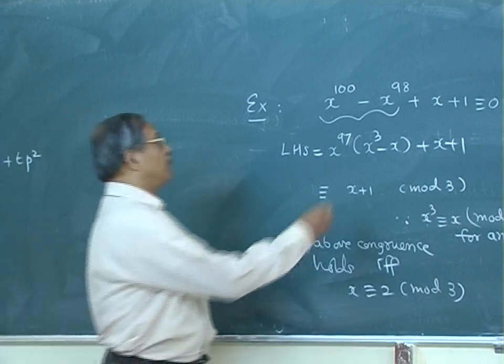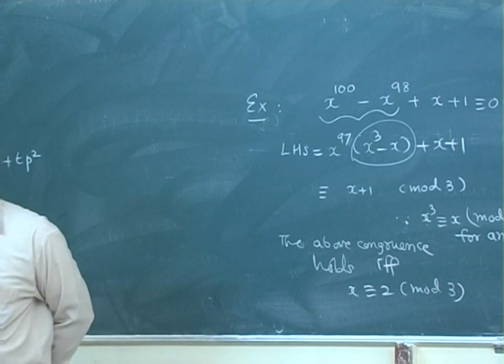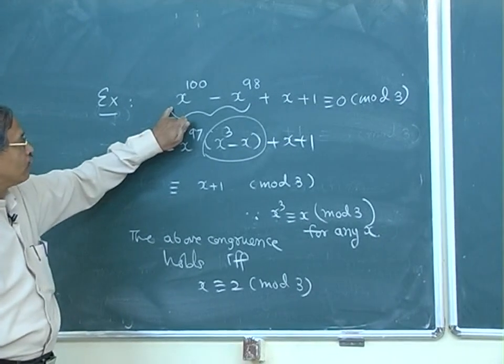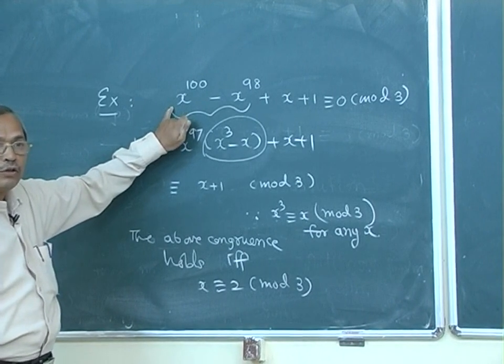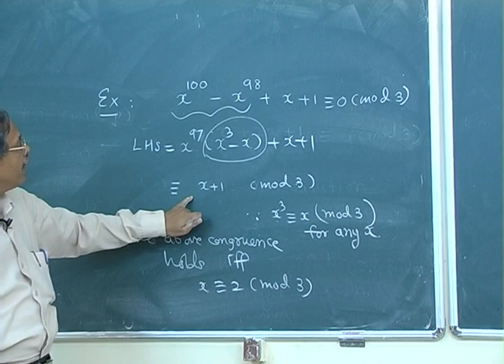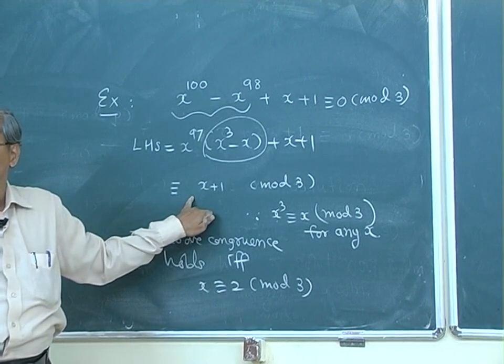So this polynomial x cube minus x plays an important role in this. This is a congruence equation of very large degree. We have reduced that to the congruence equation x plus 1 congruent to 0 mod 3, which is an equation of small degree.